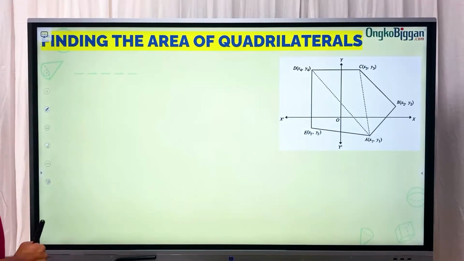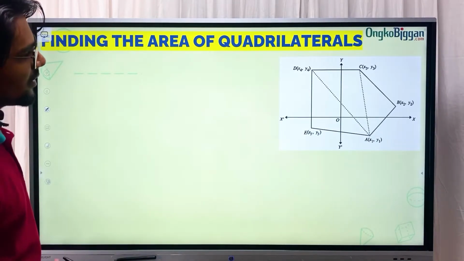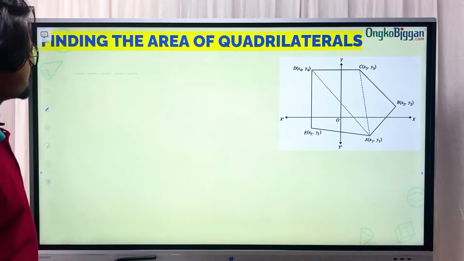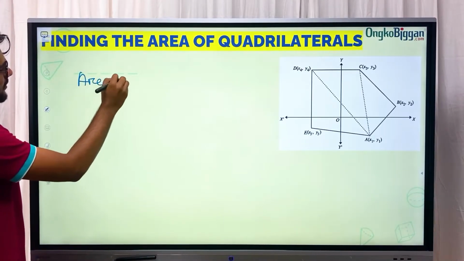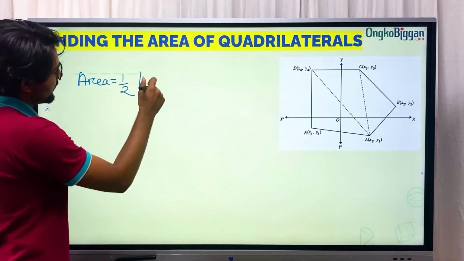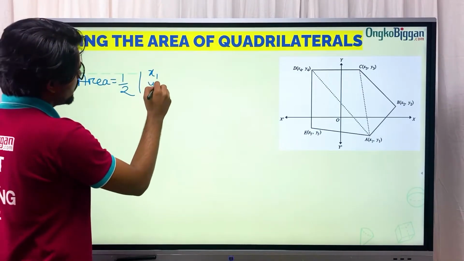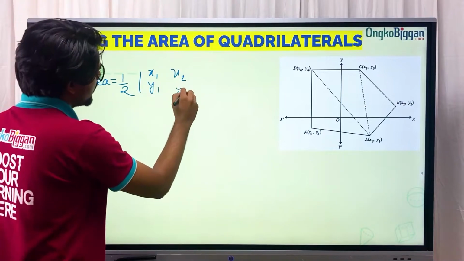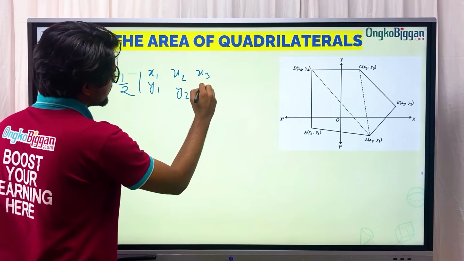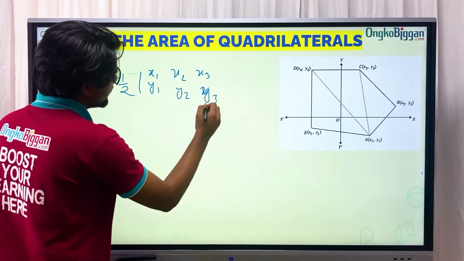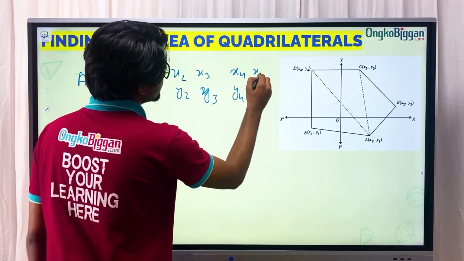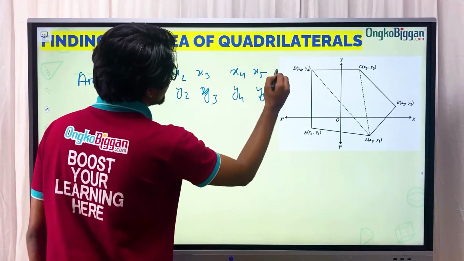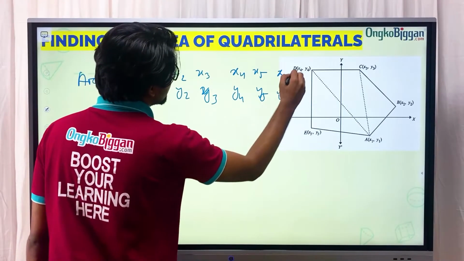So similarly, we have a pentagon here, so the area will be half x1 y1, x2 y2, x3 y3, x4 y4, x5 y5, again x1 y1.